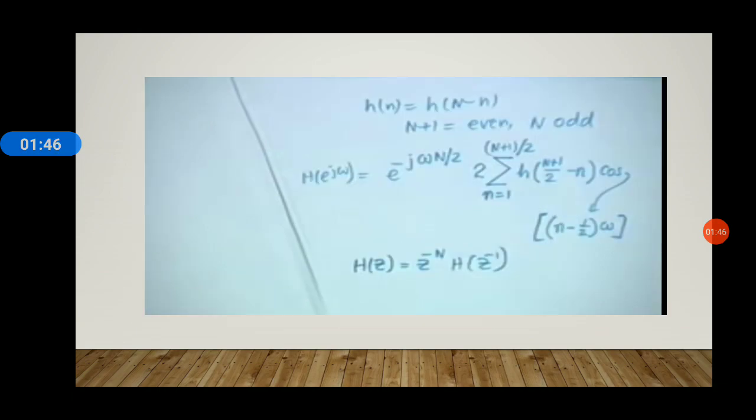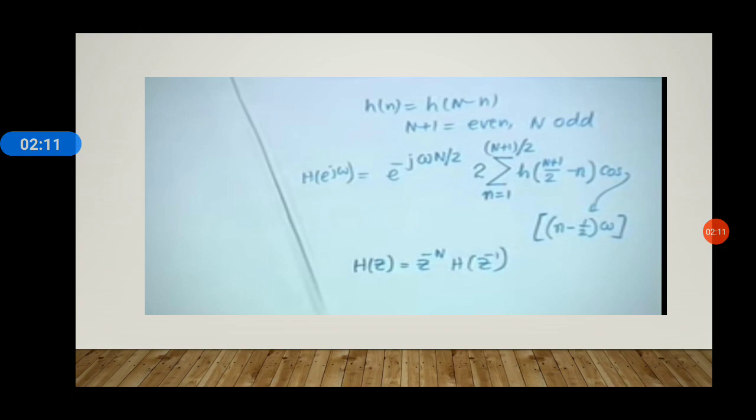So the general equation that we can write for type 2 is this one, that is H(e to the power j omega) is equal to e to the power minus j omega N by 2 into twice the summation, n going from 1 to (N+1) by 2, of h((N+1)/2 minus n) cos((n minus half) omega).